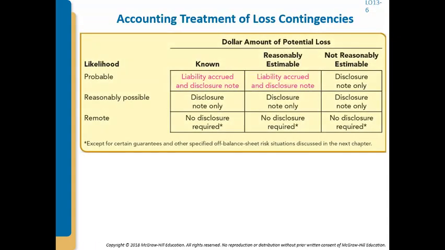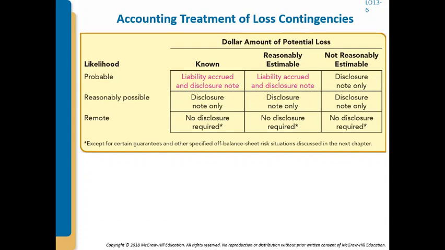Okay. So anyway, here are your three categories of likelihood, and it's set against the backdrop of the dollar amount of potential loss possibilities, which are known, reasonably estimable, or not reasonably estimable.